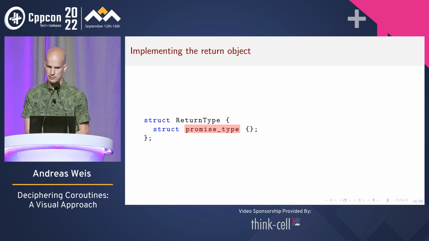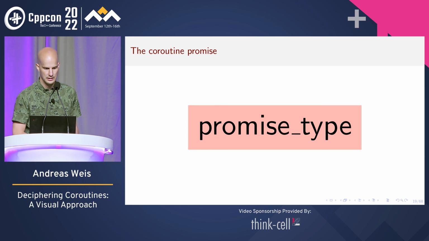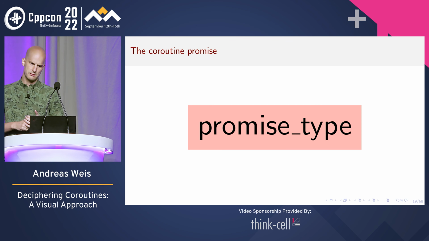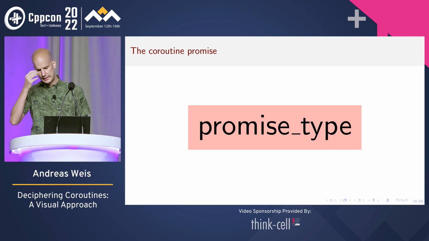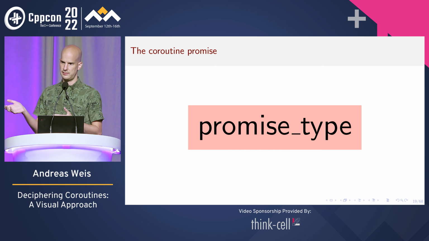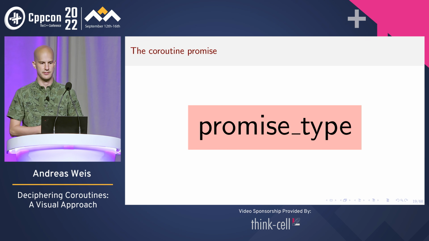And this promise_type is now the second piece of the puzzle, the second important participant in the coroutine mechanism that we need to understand. So let's take a look at that. Why do we need the promise? An analogy you might think of if you hear the name is futures and promises from the threading library of C++11.